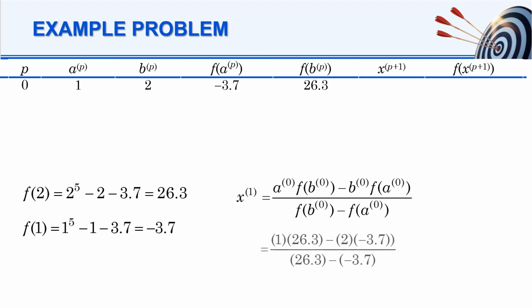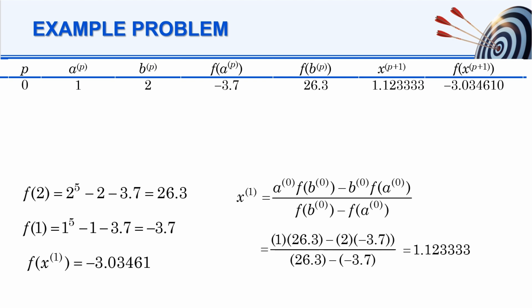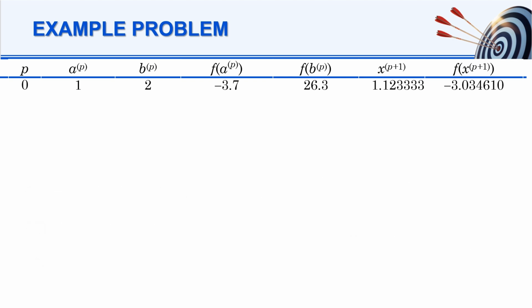1.123333. We evaluate the function for x1, which is found to be minus 3.03461. Now, to narrow down the search interval, we will check the sign of f(2) times f(x1).